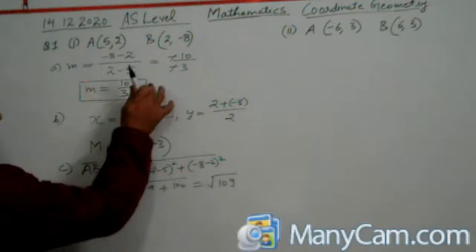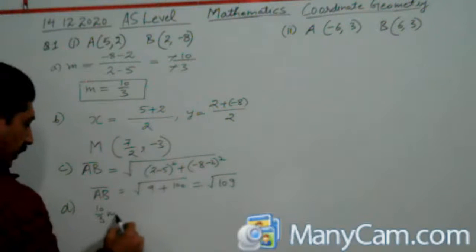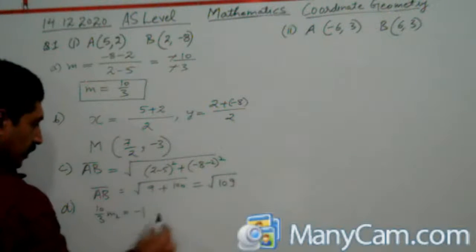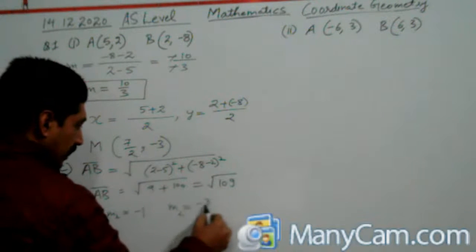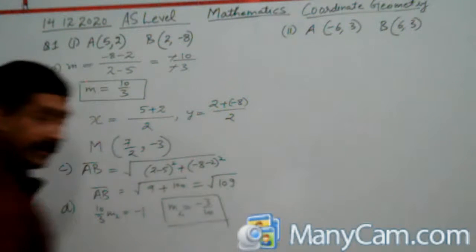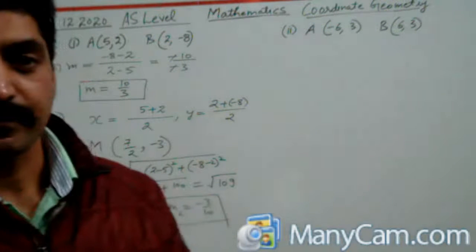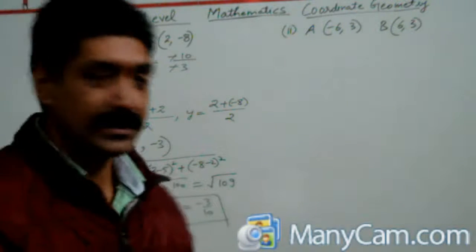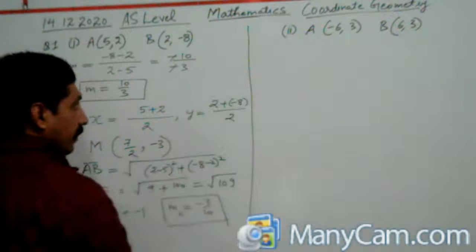One is 10 by 3, so 10 by 3 into m2 is equal to minus 1. So the gradient m2 is equal to minus of 3 by 10. In the same way, we can solve the second, that is the A part.